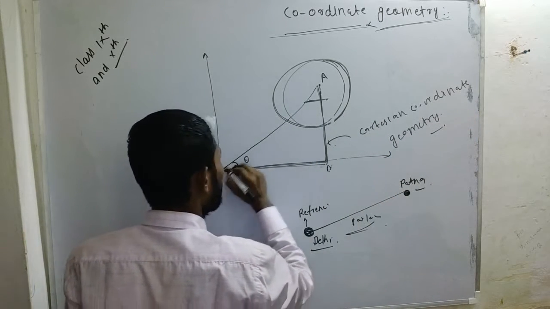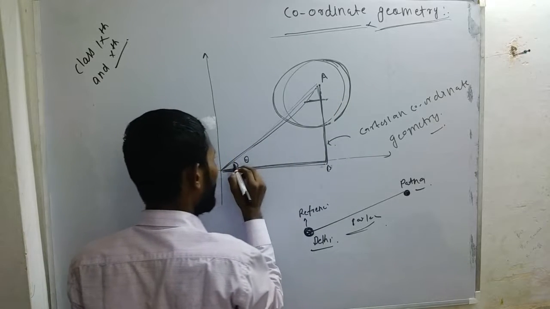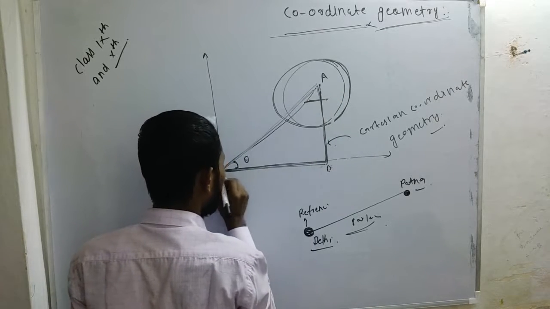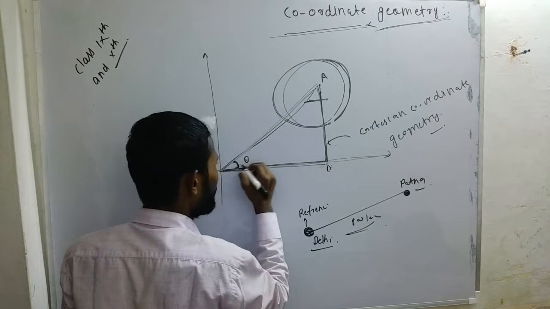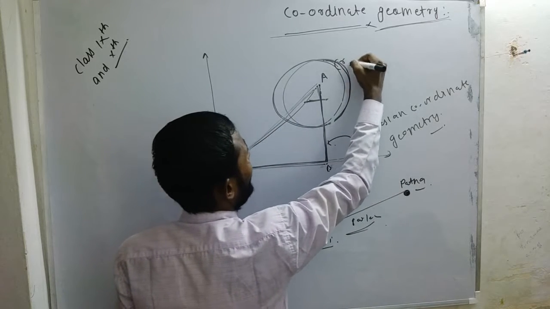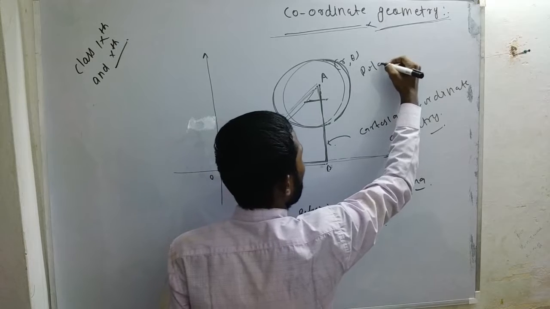And if we take this length, that means OA, and the angle between OA and this horizontal line, that means theta, it is represented as r theta, which is known as polar coordinate geometry.